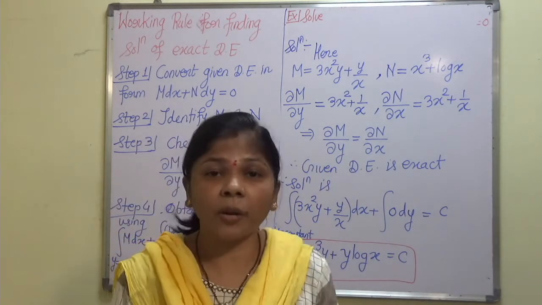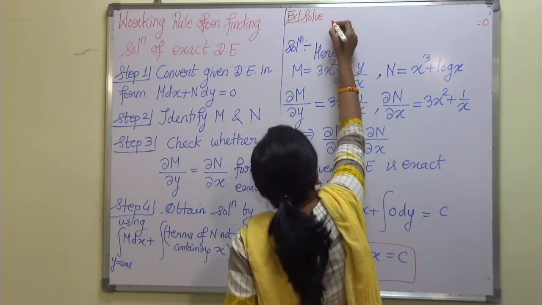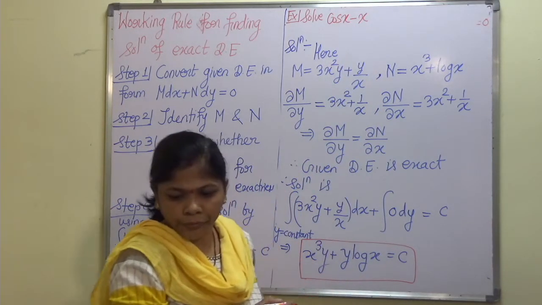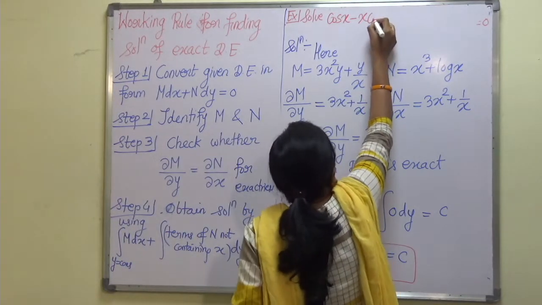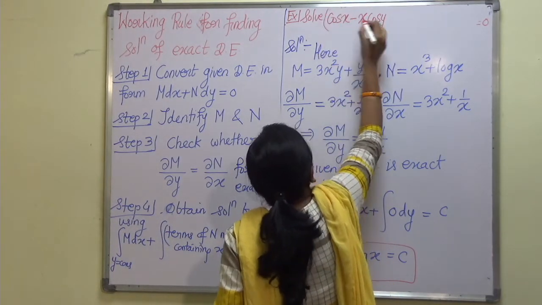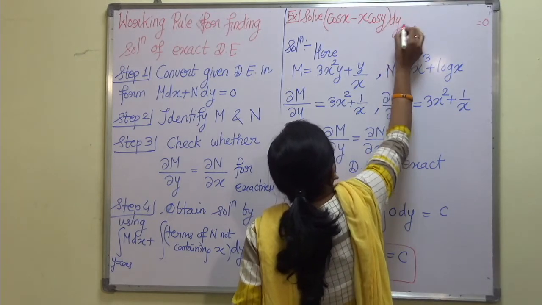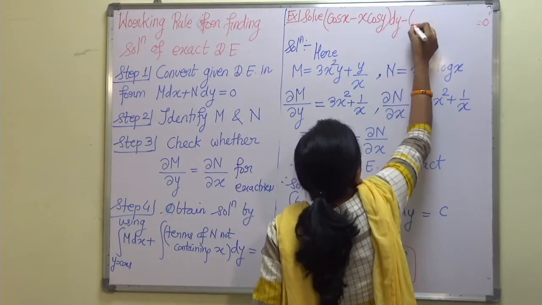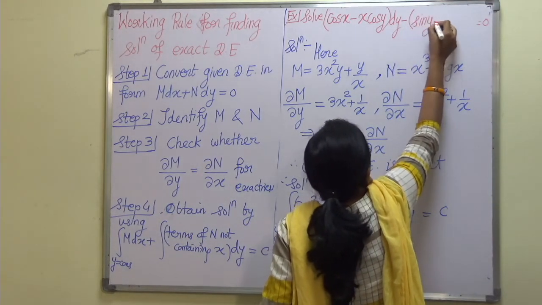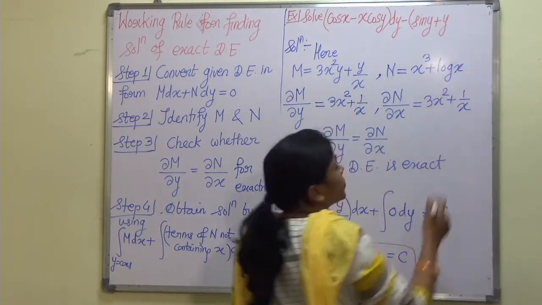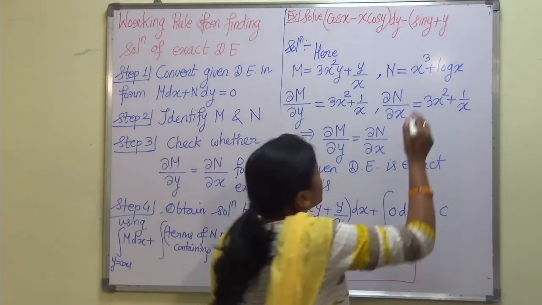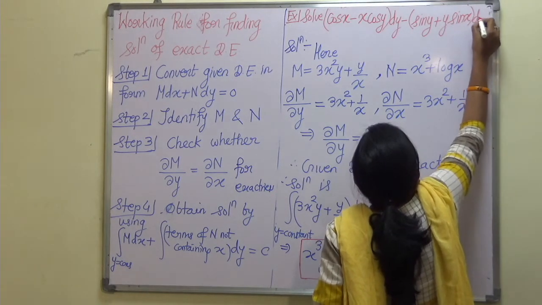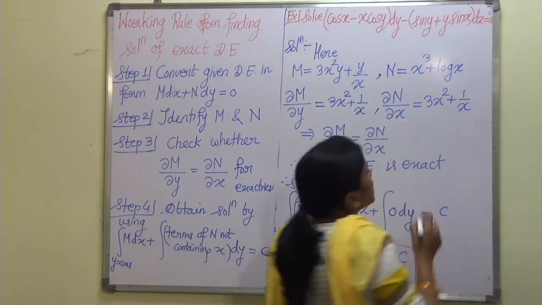Then another example which I am taking here is (cos x minus x cos y) dy minus (sin y plus y sin x) dx is equal to 0.